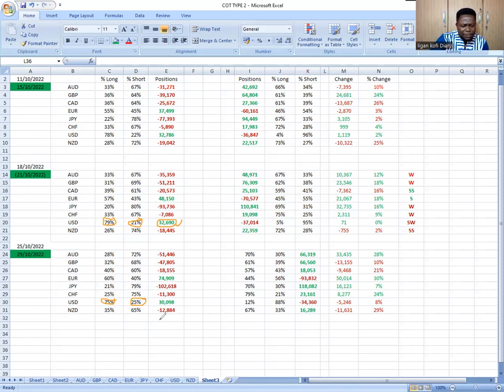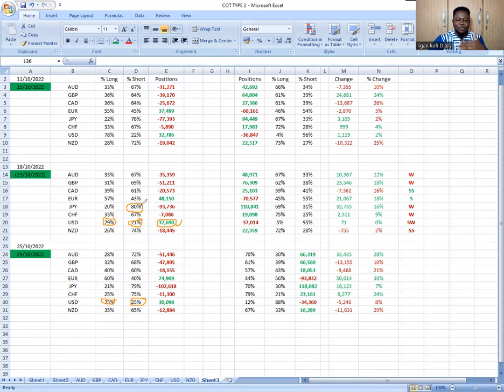But I want to look at another trade that we can take. Let's look at JPY. Can we take JPY? JPY was 80% bearish, and that has also reduced to 79. So it means we can't take it. We might be seeing a reversal because the weakness is beginning to come down.